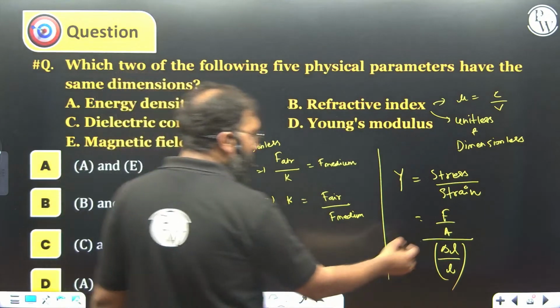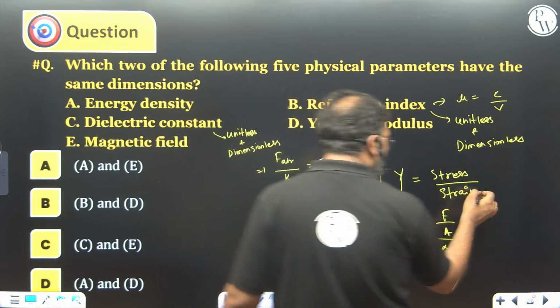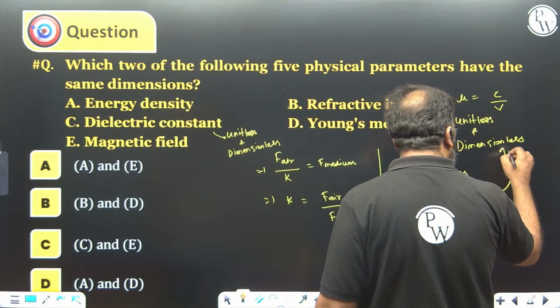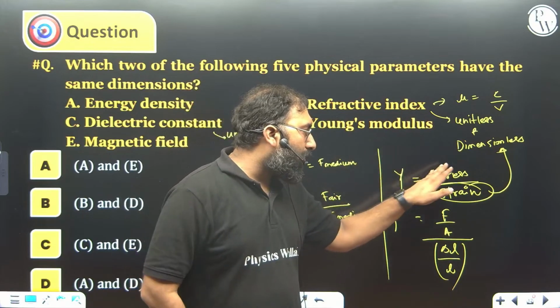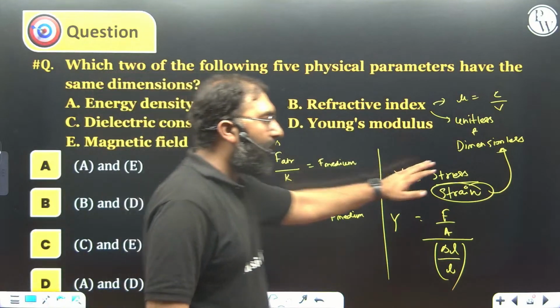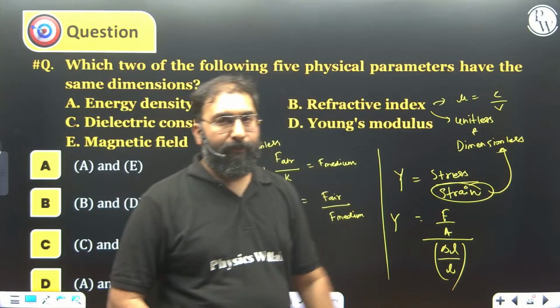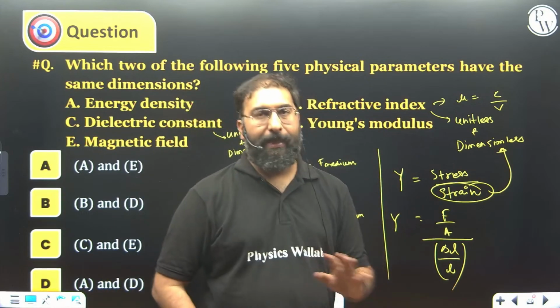So Young's modulus is stress by strain, but strain particularly is unitless and dimensionless. It is not having any dimension. So the dimensions of the stress and Young's modulus are same, and stress is having the same dimension as that of the pressure. So pressure, stress, Young's modulus, all are having the same dimensions. Okay.